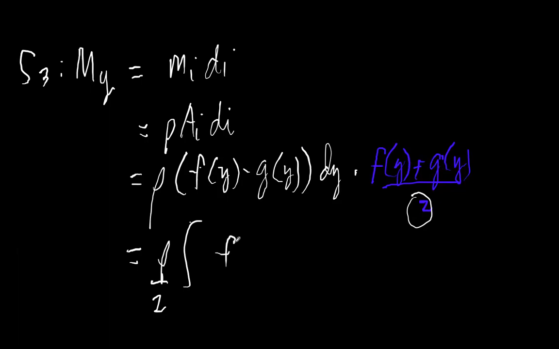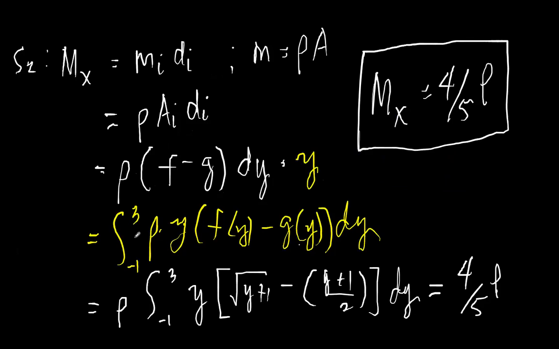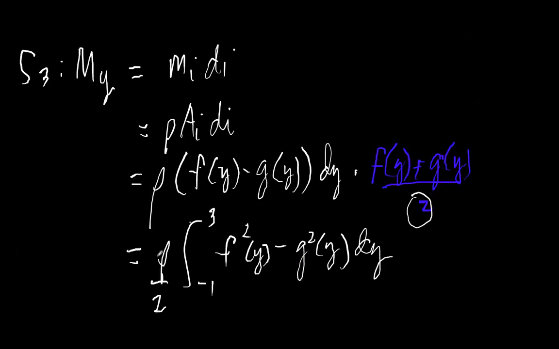So that's f squared of y minus g squared of y, dy, from -1 to 3. So this is now our formula in finding the moment about the y-axis.